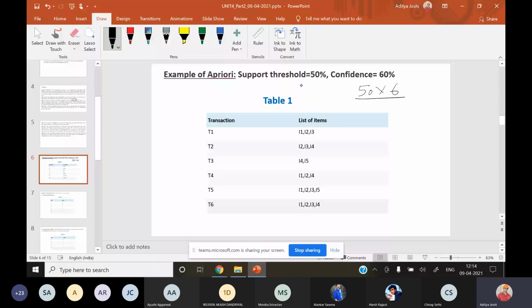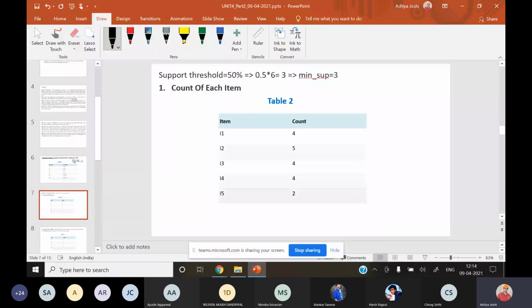So what is the value? So 3. So the minimum support count is 3. If any item set is less than this value 3, that item set will be removed from the table, right? So the support threshold equals 50%, that is the minimum support value.